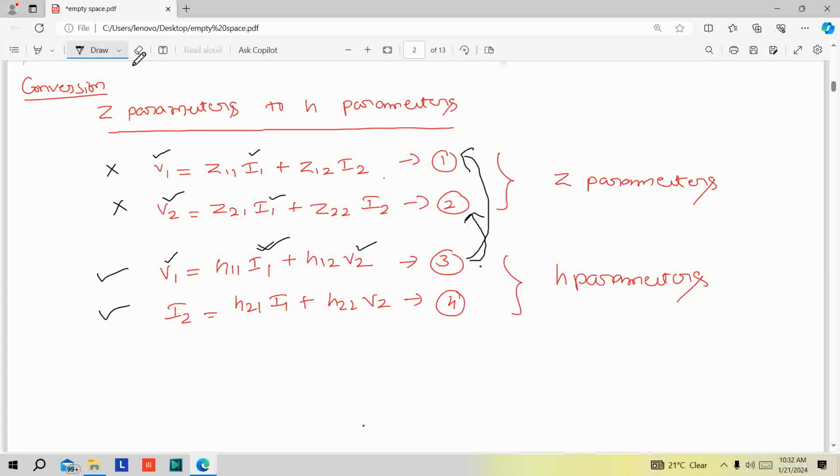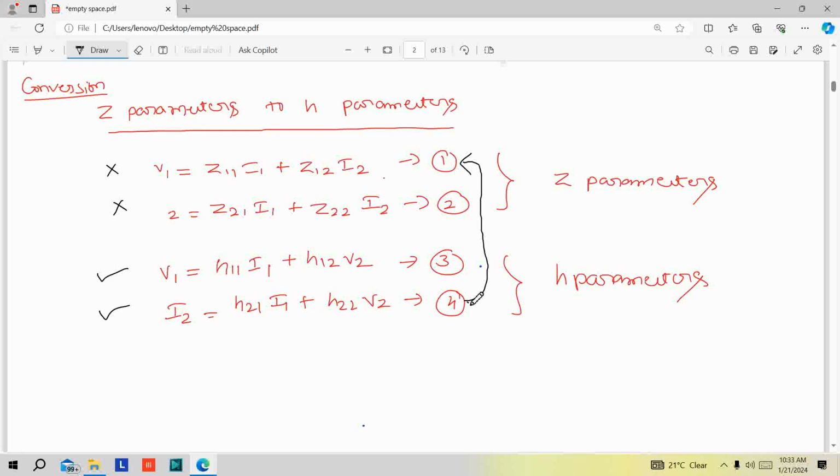Then come to equation 4. Don't alter equation 3 here. Now compare equation 4 with equations 1 and 2. First I compare equation 4 with equation 1. Here there is no V1 at all, so not matching.